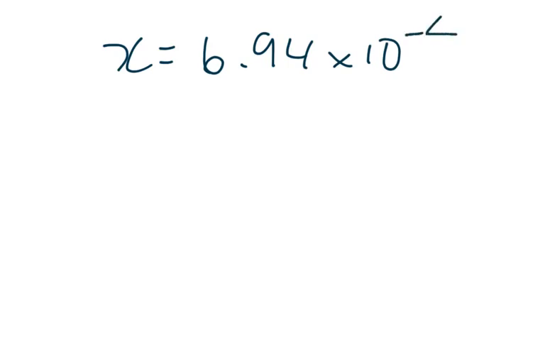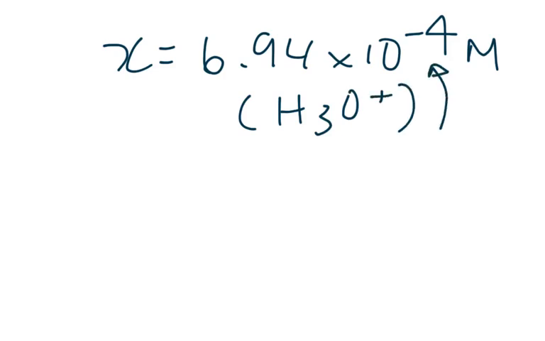These cancel out, and x is going to equal 6.94 times 10 to the negative 4 molar. Now that's your H3O plus, because that's what we were trying to find. And then they wanted you to find the pH, so you take the log of it and you make it positive, and it's 3.15. So hopefully that helps you understand the notes a bit better, and text me or email me if you have any questions.